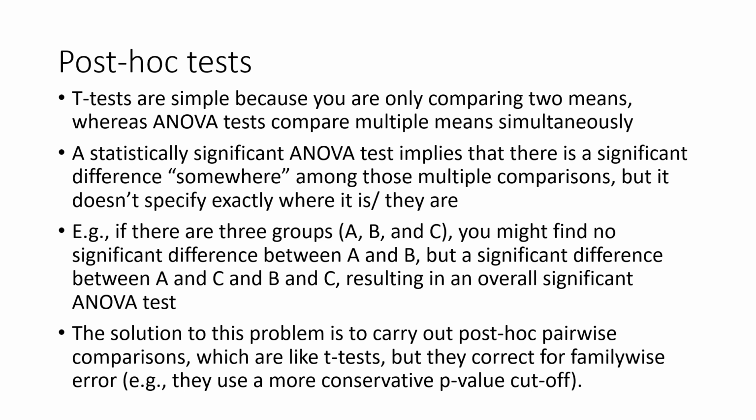But using post hoc pairwise comparisons, a correction is built into that statistical mechanism such that the p-value cutoff is more conservative. In other words, you're less likely to make a mistake when generalizing from your sample to your population when you use post hoc pairwise comparisons.